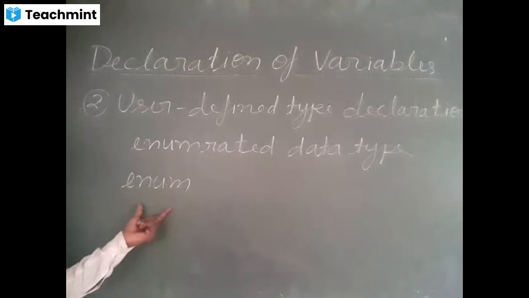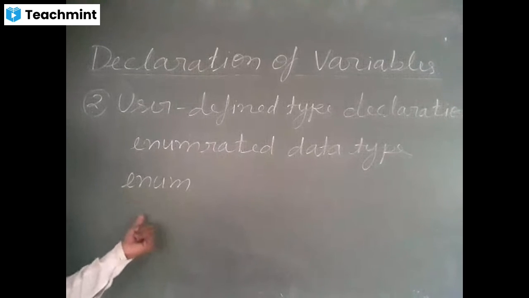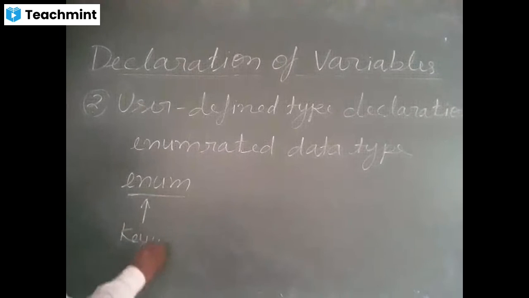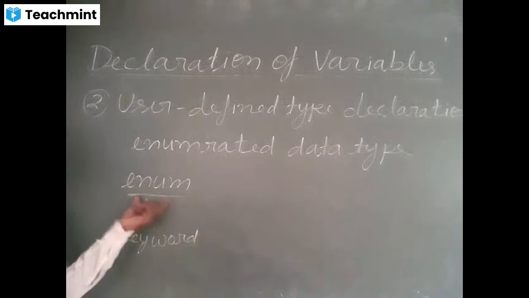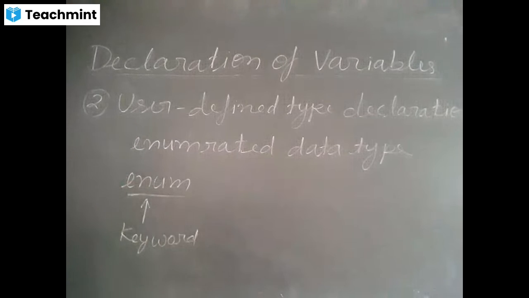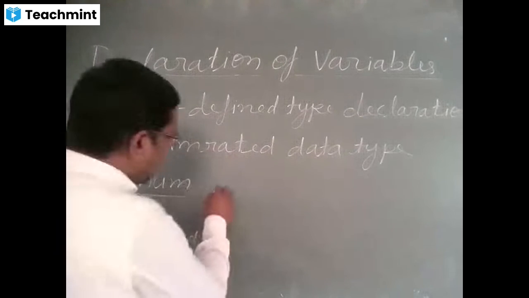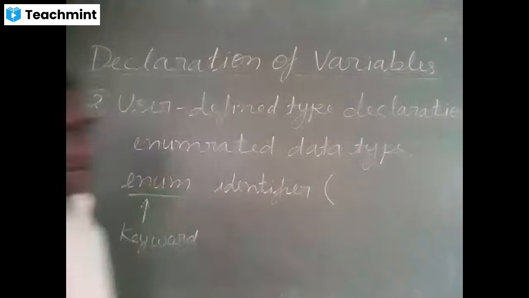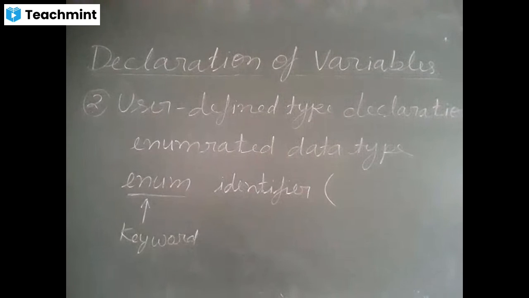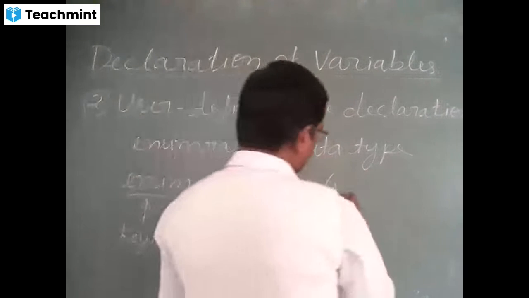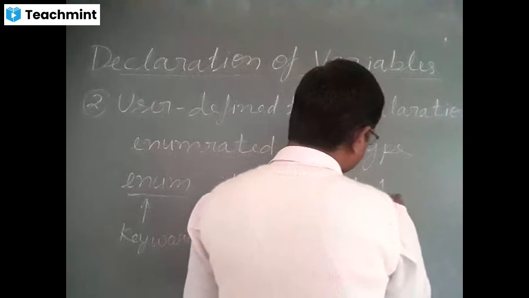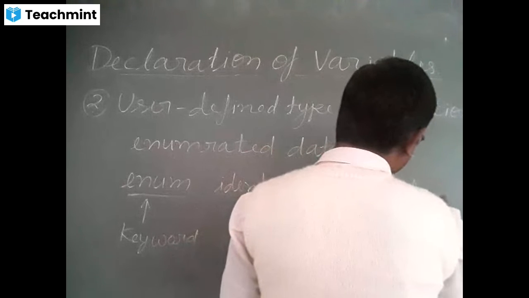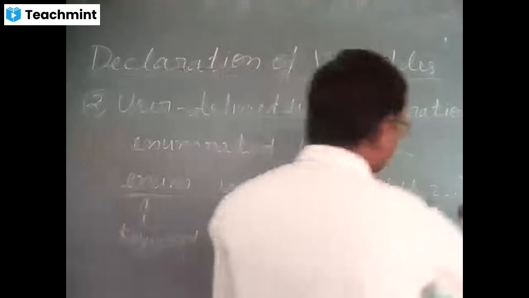This is the keyword which is used to declare the enumerated data type, and after that write the identifier, and in brackets we then write value first, value second, and so on, like that.